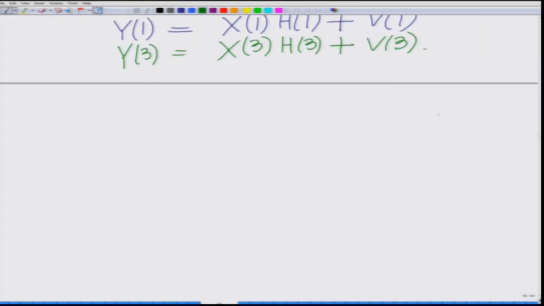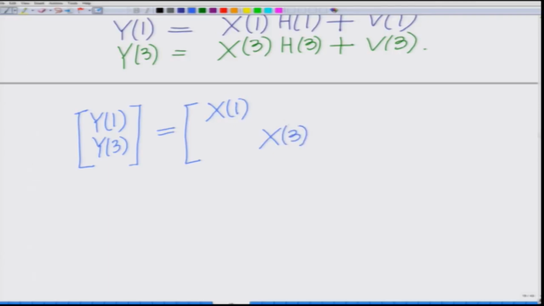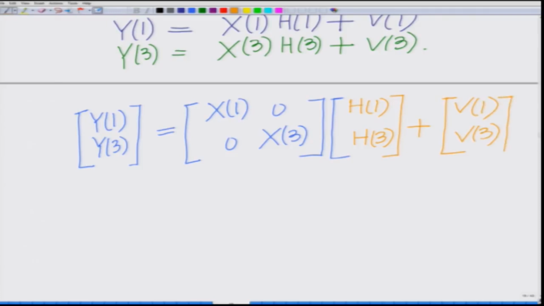Now writing this in matrix notation, what I have is the vector Y1, Y3 equals the diagonal matrix X1, X3, times the vector H1, H3 of channel coefficients, plus V1, V3.